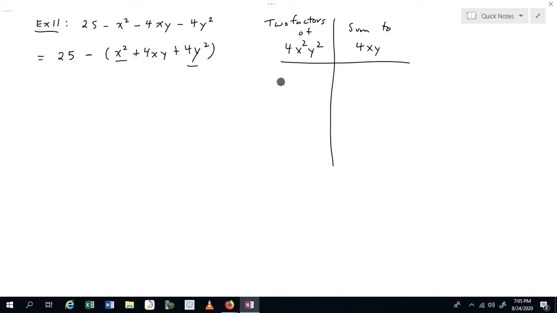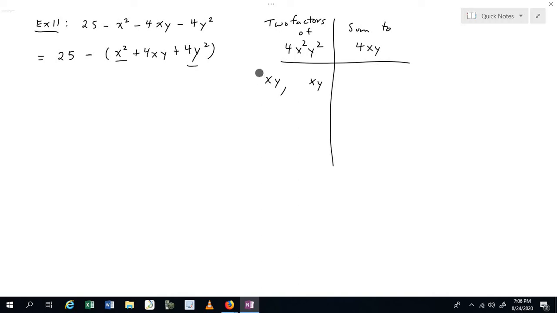Okay, and let's just go through this systematically. Now we do know that when we factor this, it's going to factor into xy and xy, but we just have to figure out what the coefficients in front will be. Okay, so we're going to look at all the possible combinations for two factors that multiply up to 4.